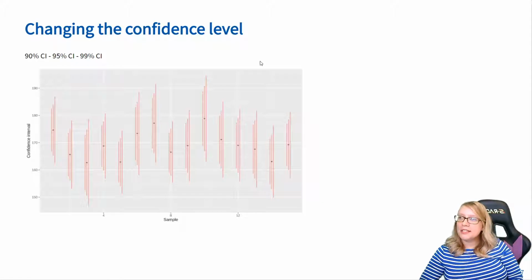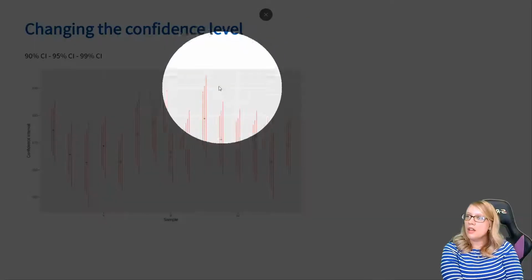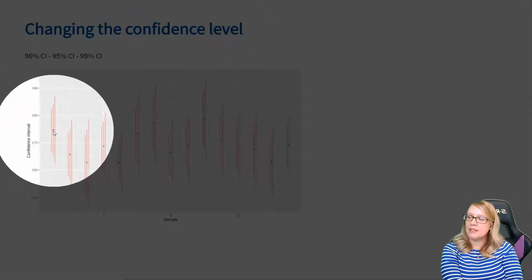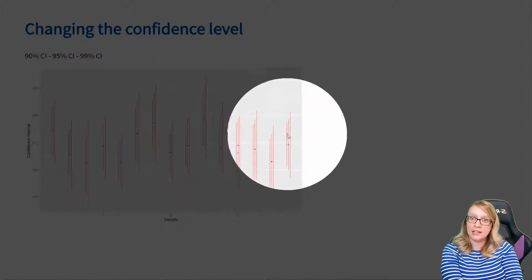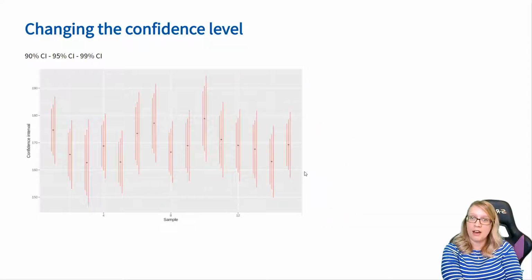So what you're seeing here is what happens as we go from a 90% confidence interval to a 95% confidence interval to a 99% confidence interval. All of these dots represent the mean of a specific sample. We have 15 samples plotted on this graph.